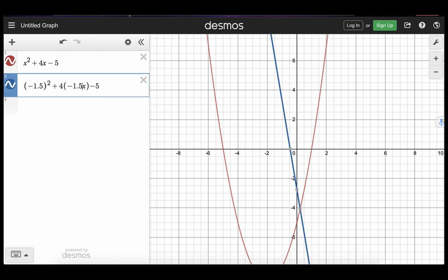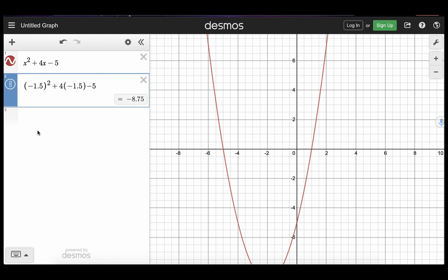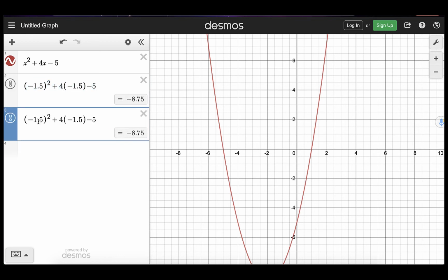So negative 1.5, and I'm putting it in parentheses just to show that it's in the same place. I get negative 8.75. If I copy it and do the same thing, but this time for positive 0.5, I end up with negative 2.75.